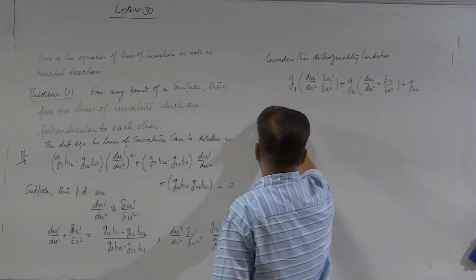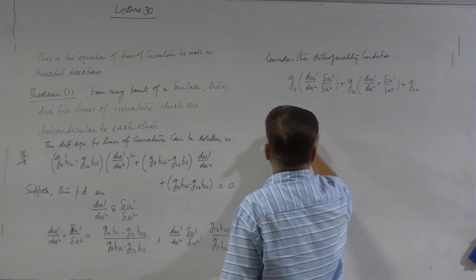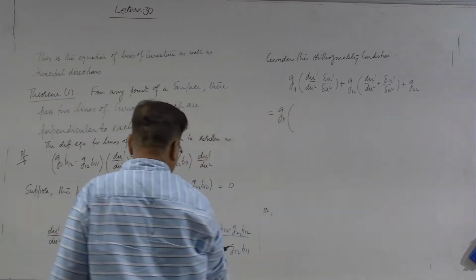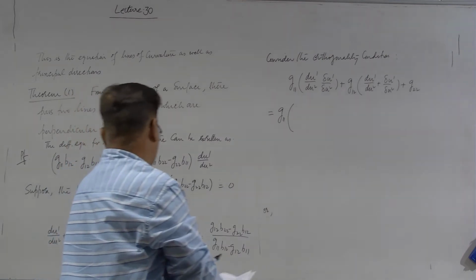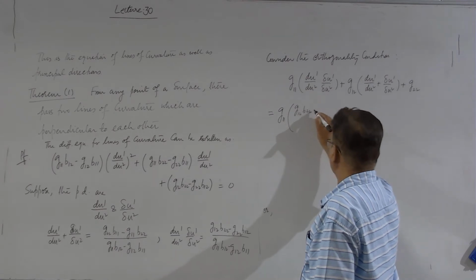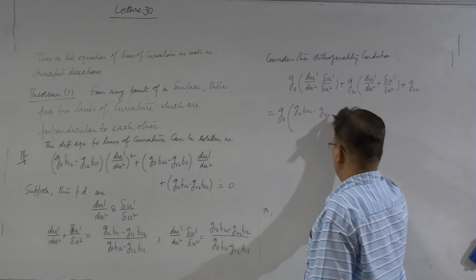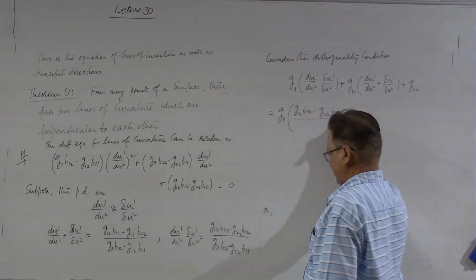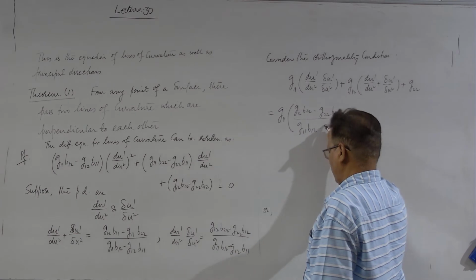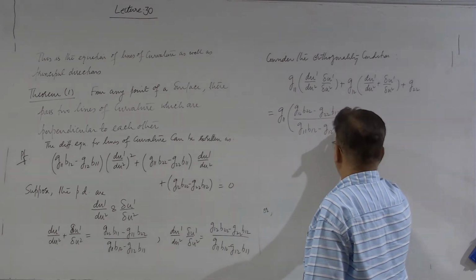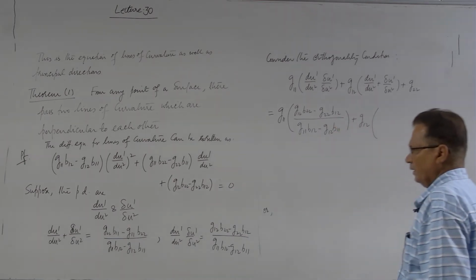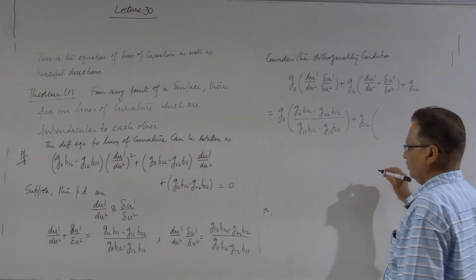So, this is equal to G11 into this product, G12 B22 minus G22 B12 upon G11 into B12 minus G12 into B11, plus G12 into the sum, G22 B11.